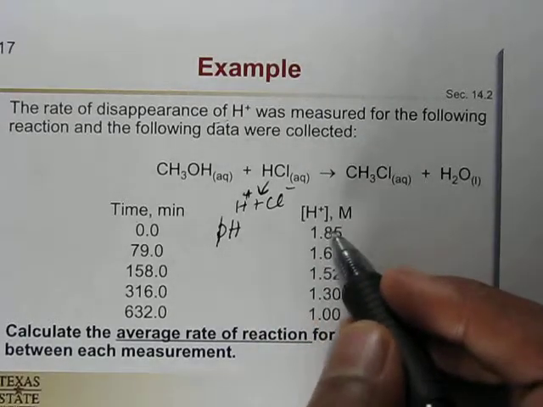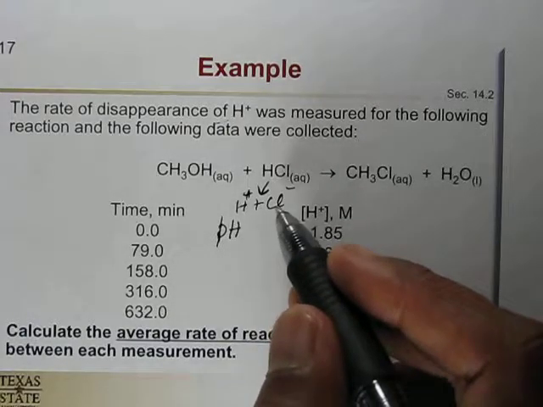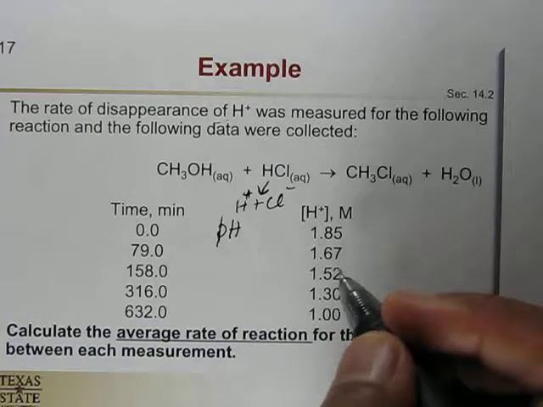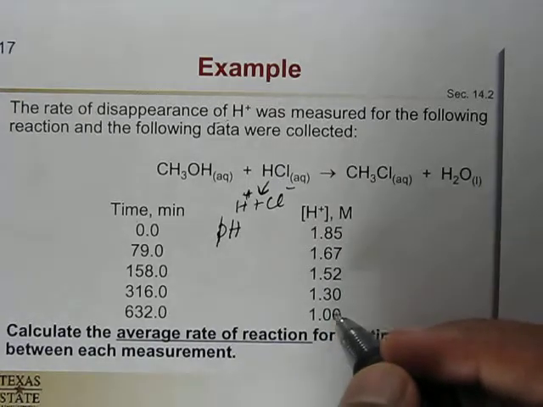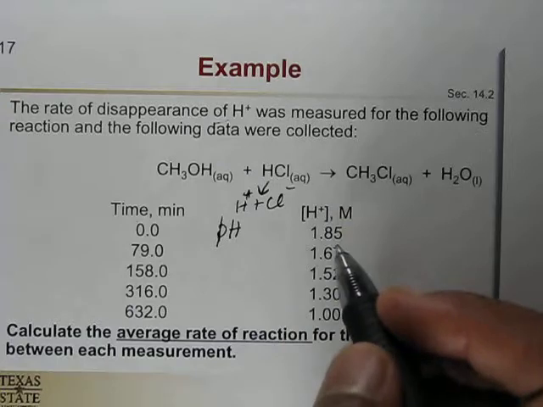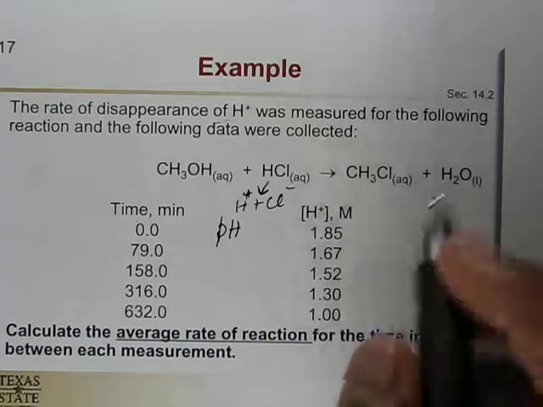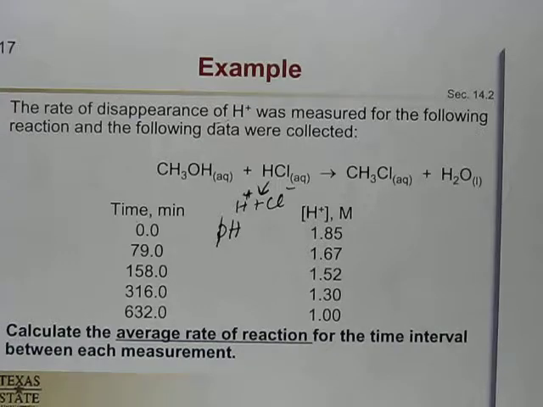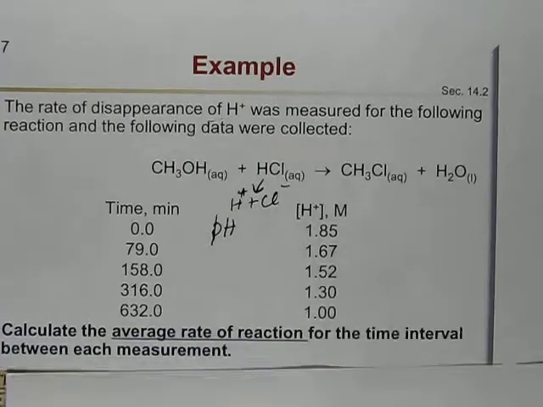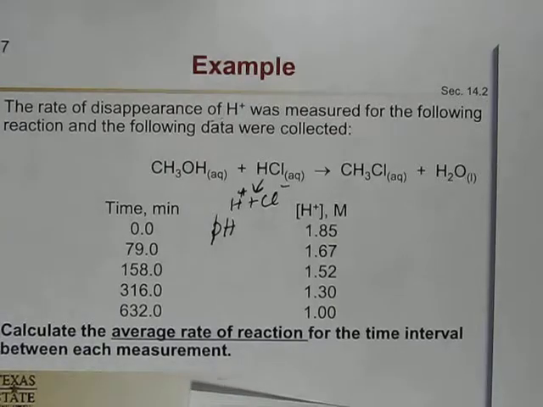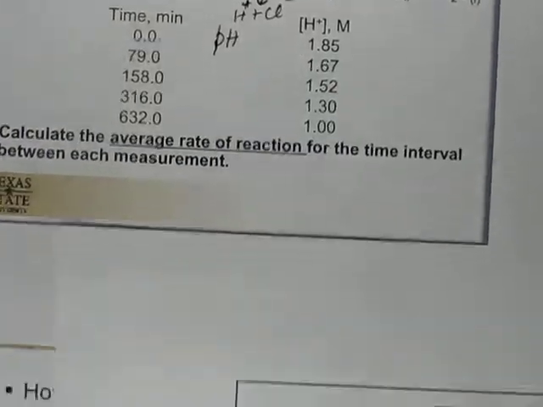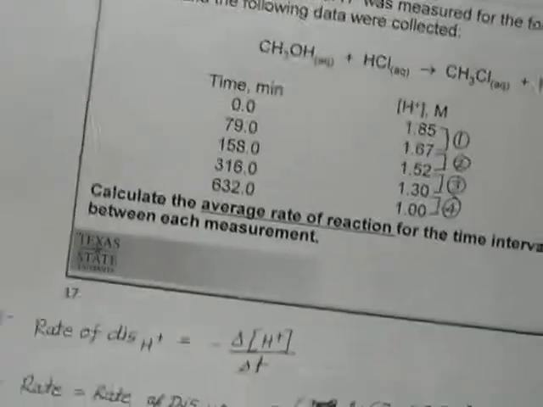So these are the concentrations which are given, hydrogen ion concentration. If you see, it is decreasing. So HCl is disappearing slowly, right? Now we have to calculate the rate of reaction between each time. I have already calculated, so we'll go with this slide first.